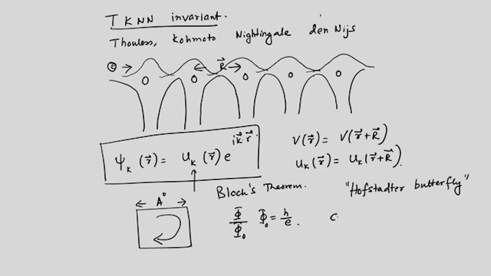In the tight binding approximation, you can write down the energy eigenvalues, where k is a good quantum number, as cos kxa plus cos kya in 2 dimensions, or in 3 dimensions you have a cos kza and so on. This is the tight binding dispersion for a simple cubic lattice, and also a monoatomic lattice.